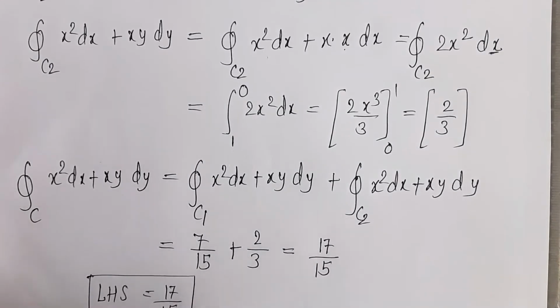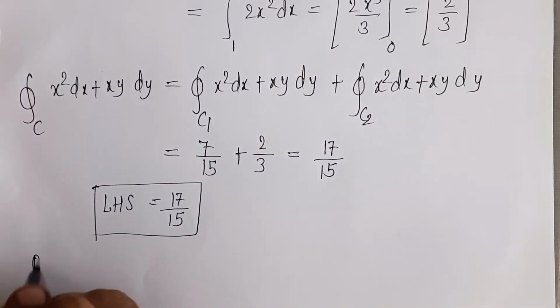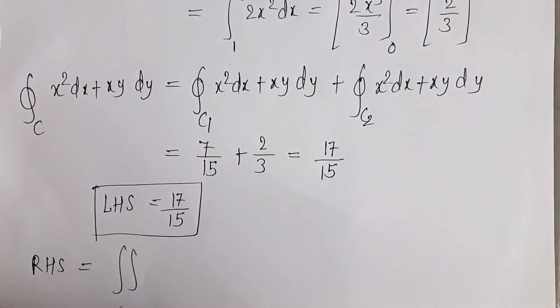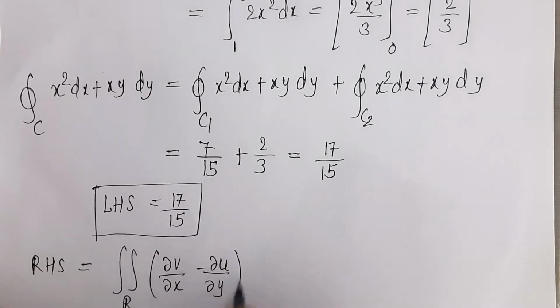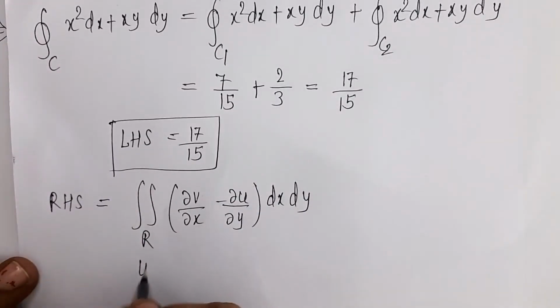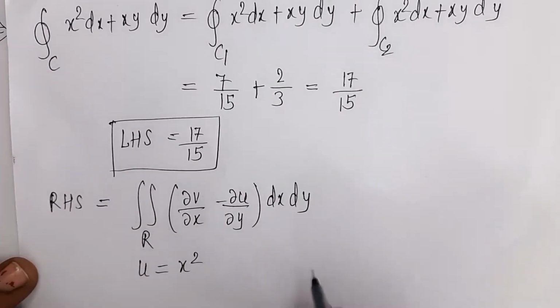Now we want RHS. So RHS is equal to double integral over R of del V by del X minus del U by del Y dx dy. Now what are the values of u and v? u is equal to x square and v is equal to xy.